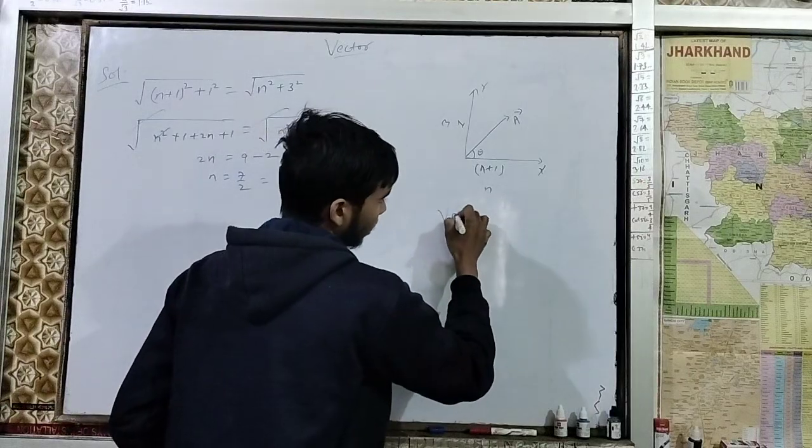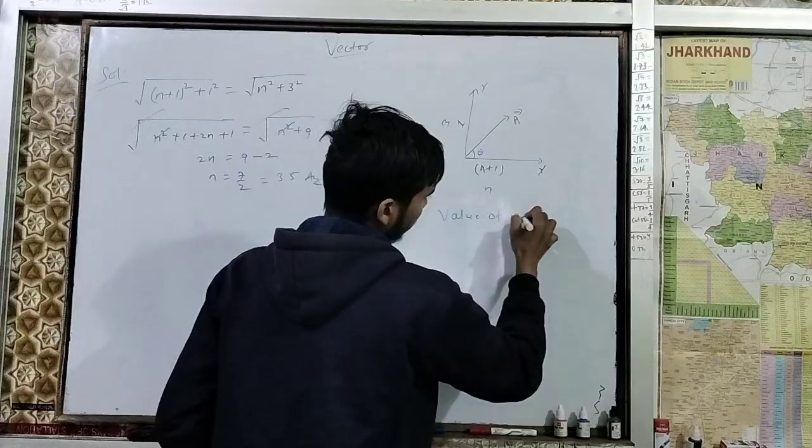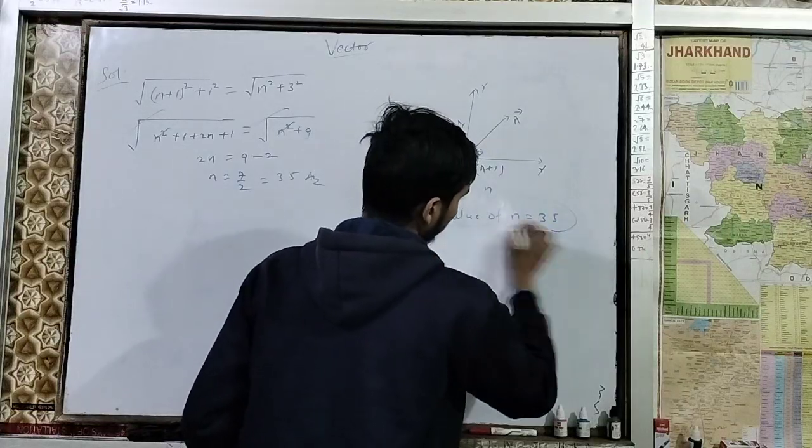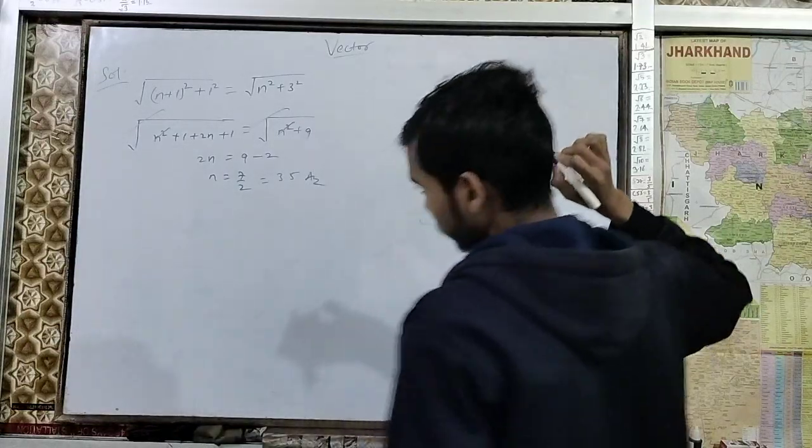Then 1 plus 1 plus 2n equals 9, so 2n equals 9 minus 2, which is 7, so n is 7 by 2, which is 3.5. So the value of n is equal to 3.5. This is our answer.